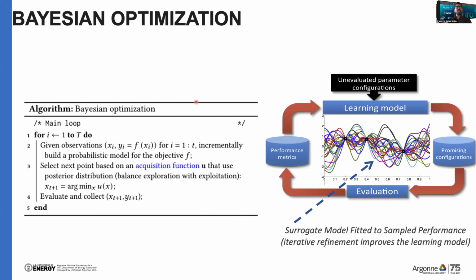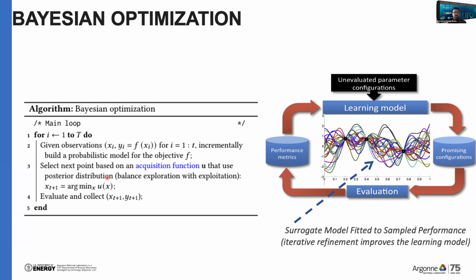Okay. The pseudocode for Bayesian optimization is shown here, and the algorithm starts with randomly sampled configurations, then fits this probabilistic learning model, and uses it to sample the next set of configurations. That's what the pseudocode shows. And the key aspect of Bayesian optimization is point number 3: how is this next point selected?